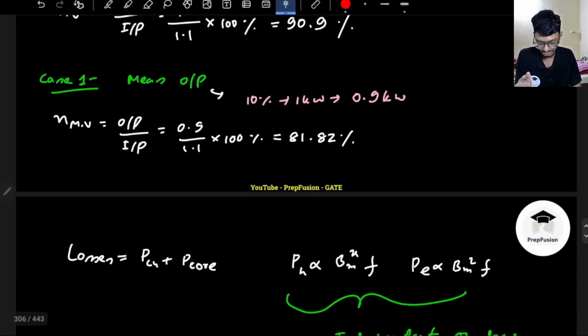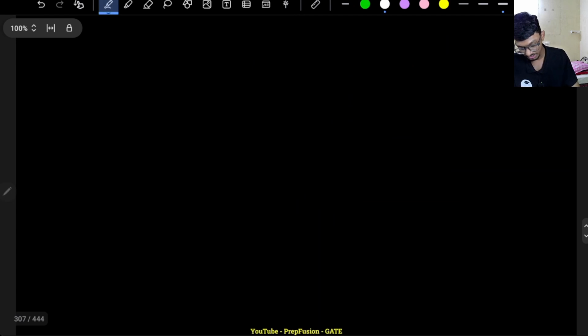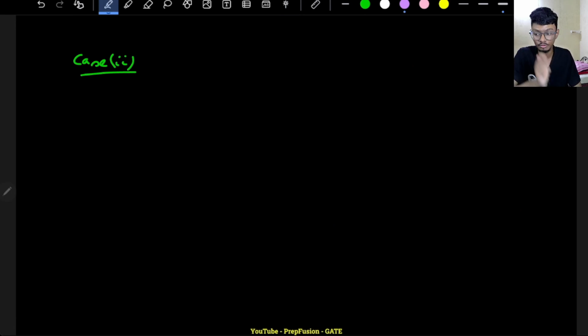Let's say now I tell you that no, don't measure the output, measure the losses. So case 2, I don't measure the output, I measure the losses, because for calculating efficiency I need two variables, either loss and input or output and input. Any two works. So I will measure the losses now.